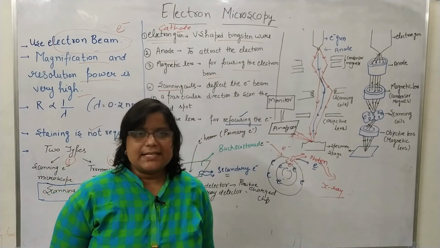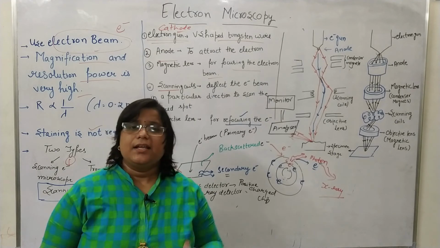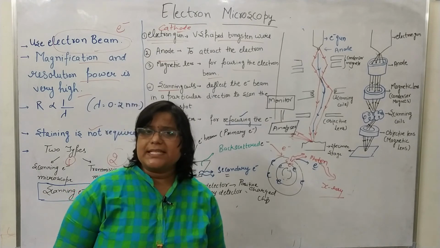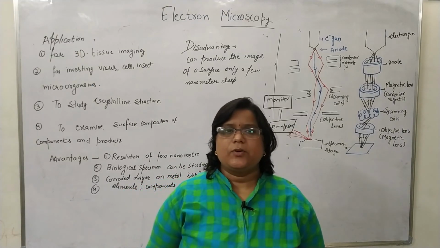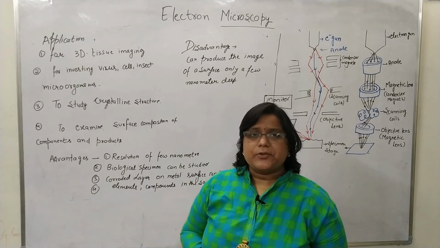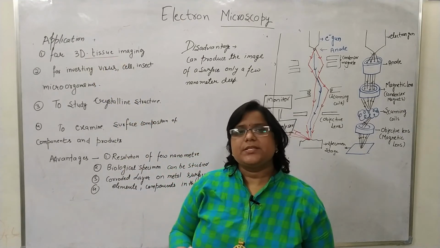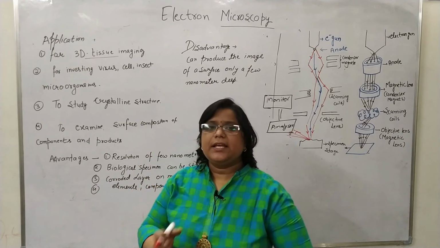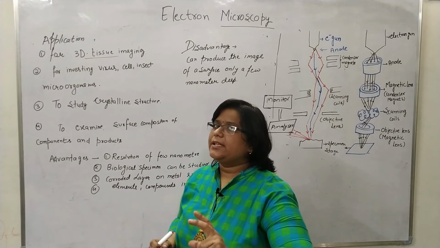Now we will discuss the advantages, disadvantages and the applications of scanning electron microscopy. First, the applications. In electron microscopy we can analyze 3D tissue imaging, meaning if we want to take the image of a tissue in a 3D manner, we can take the image.